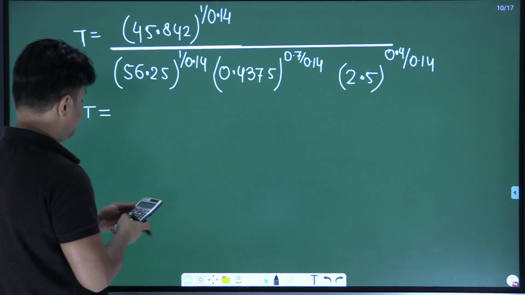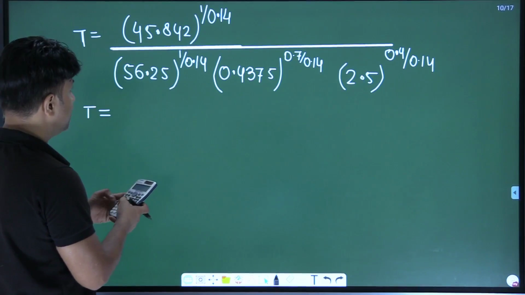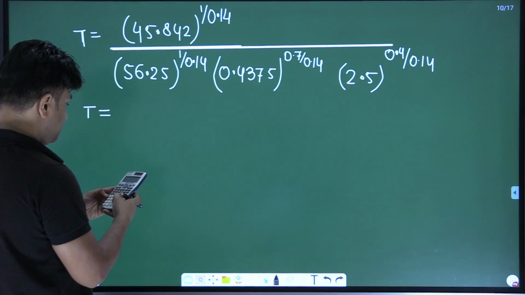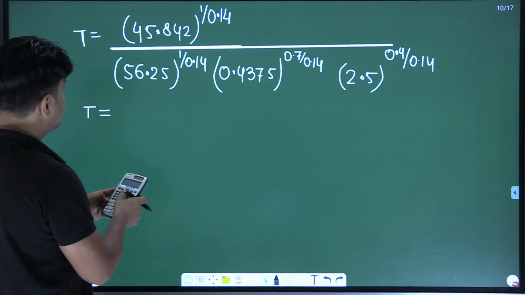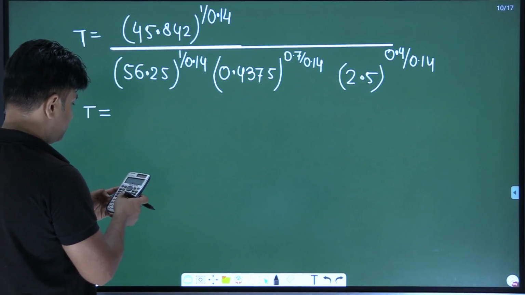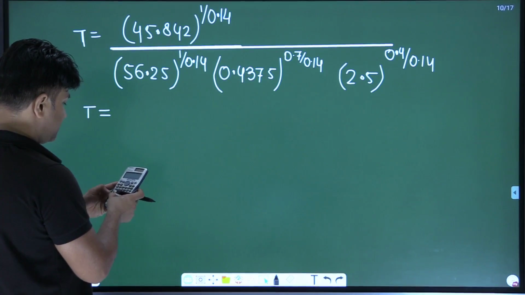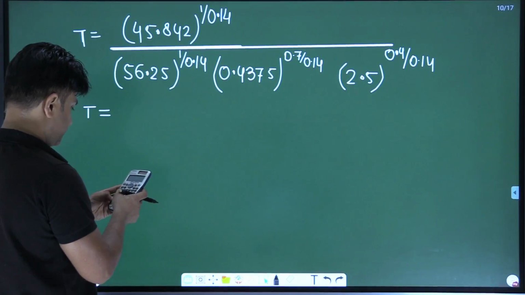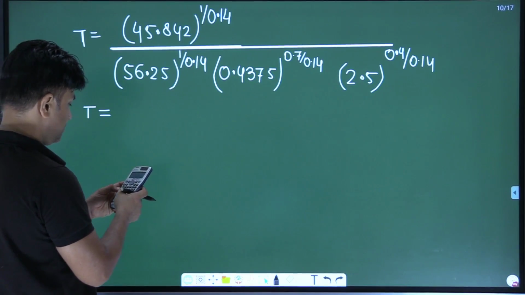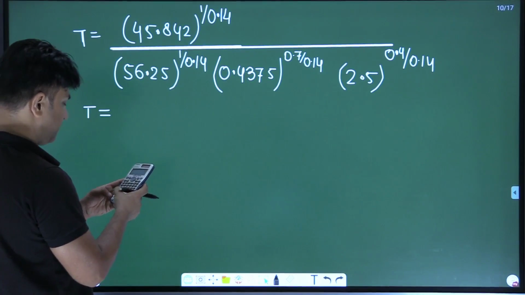Let me calculate: 45.842 to the power 1 divided by 0.14, into 56.25 to the power 1 divided by 0.14, into 0.4375 to the power 0.7 divided by 0.14, into 2.5 to the power 0.4 divided by 0.14.